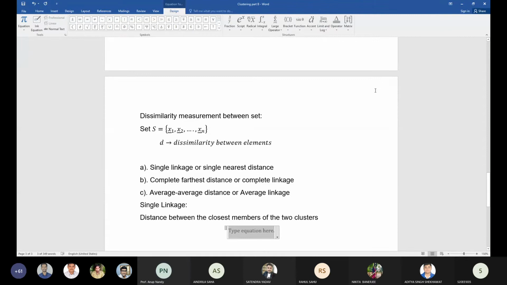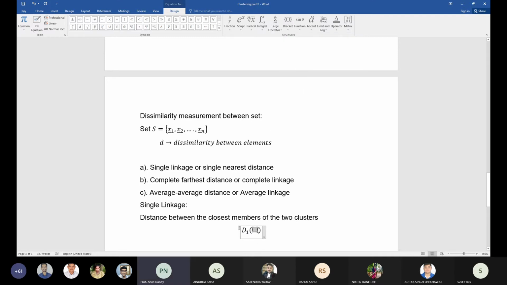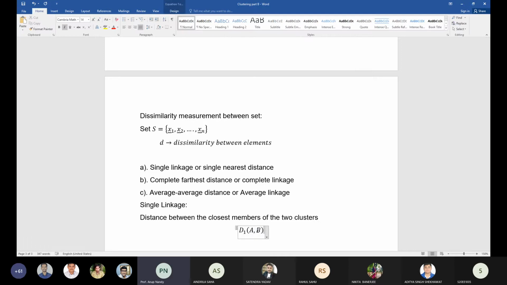That is D1, for this single linkage D1, and if you have two clusters A comma B, now you can compute D1(A,B) is equal to minimum of d(x,y), where d is a dissimilarity measurement.